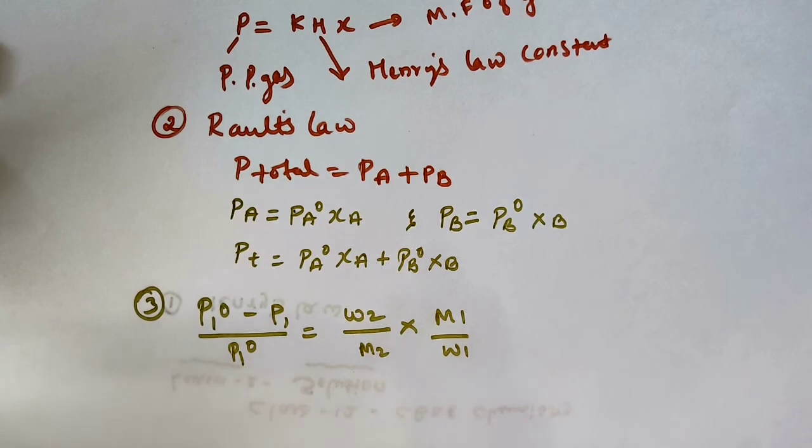And we already know that P1 naught is the vapor pressure of the solvent, and P1 is the vapor pressure of the overall solution.